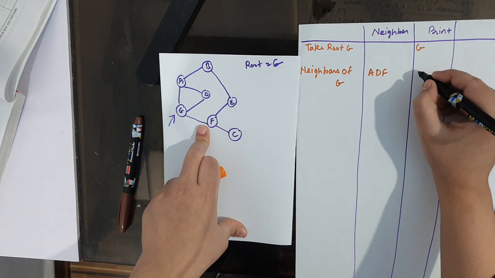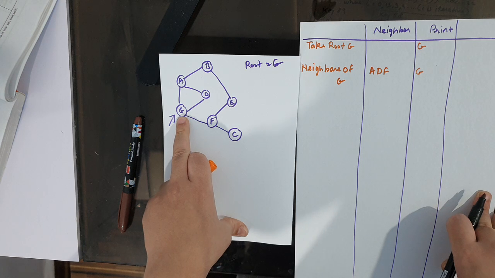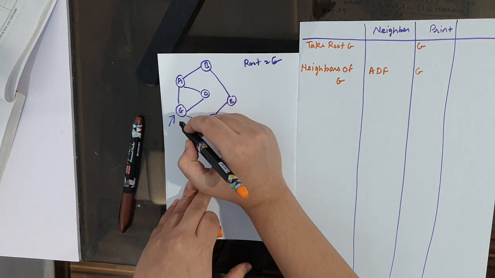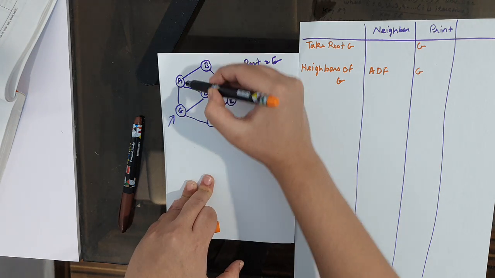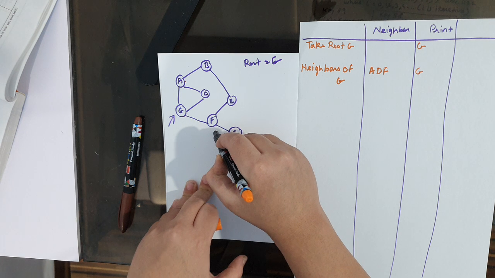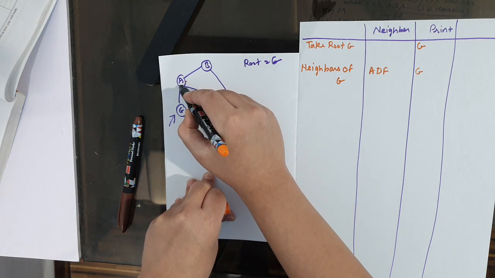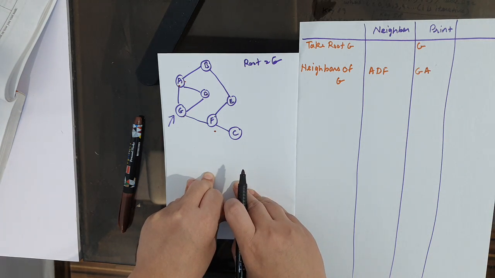So write G right here because we have already visited G. Once we have visited G, we have found the neighbors of G, which are A, D and F. So now it's time to visit all the neighbors of G. First let's go to A, visit A right over here, print it.